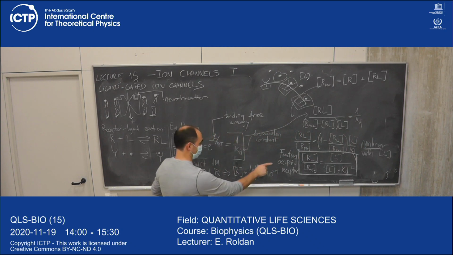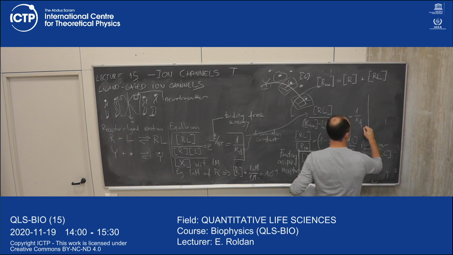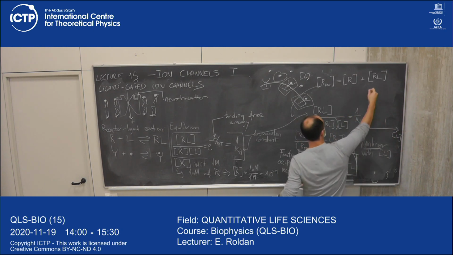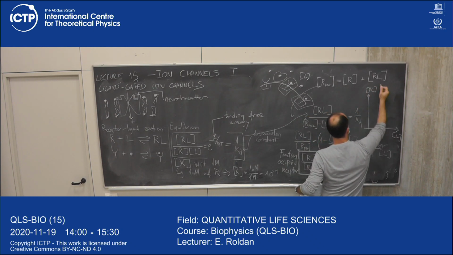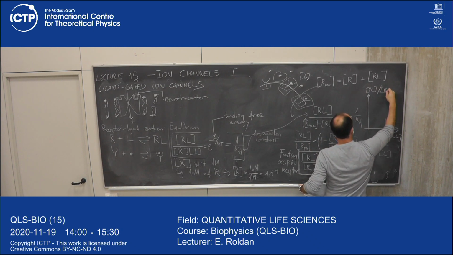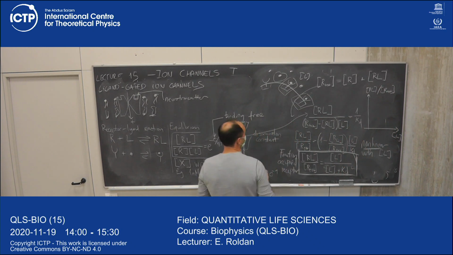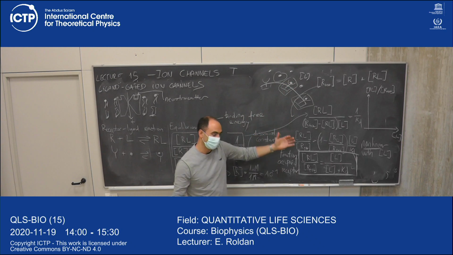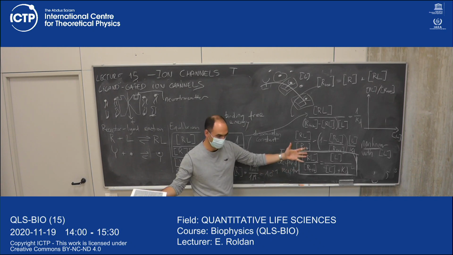So if you plot this as a function of L, what you get is not a line. It is not that you add more and more ligands and there are more and more occupied receptors. At some point, you occupy all the receptors, no? This is not an infinite source of receptors.